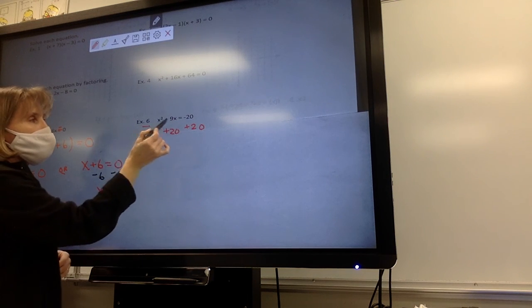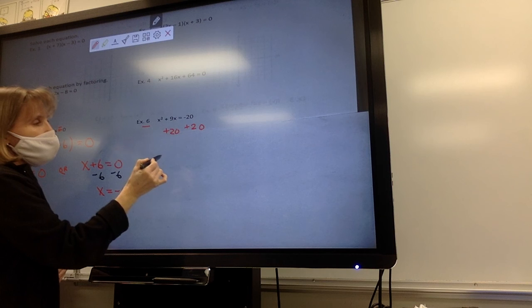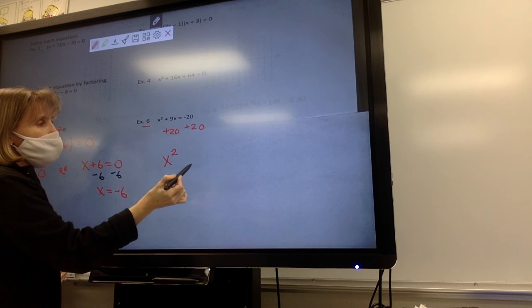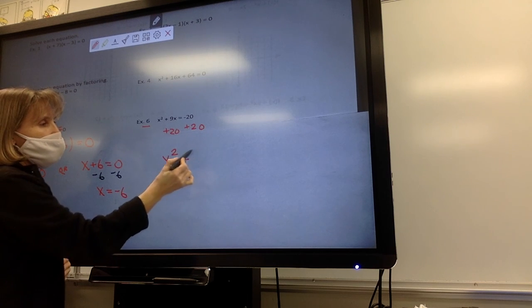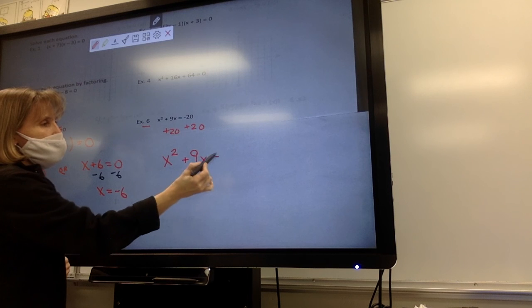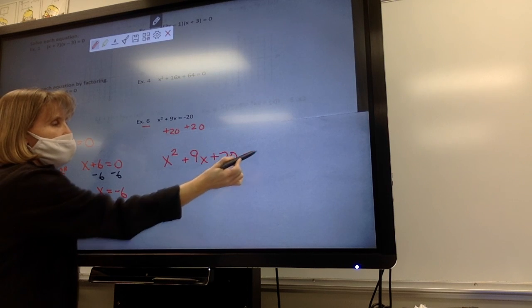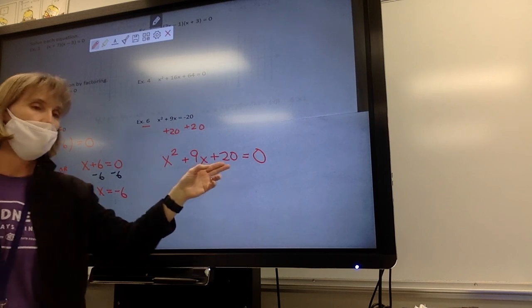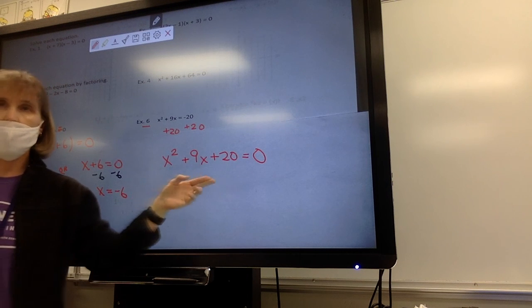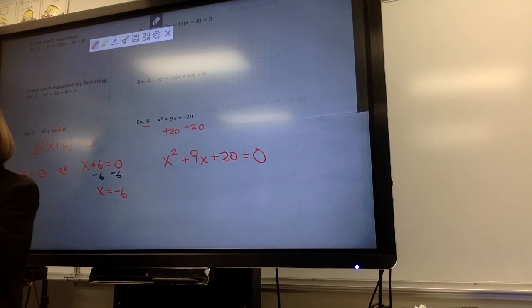When you write your polynomial on the left, put it in standard form. So put the x squared first, put the 9x in the middle, then put the 20. You're going to help yourself out greatly if you write this in standard form. Much easier to factor.